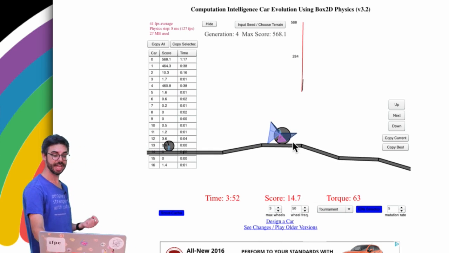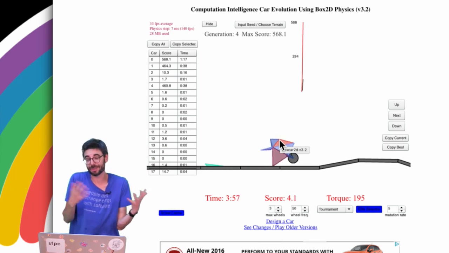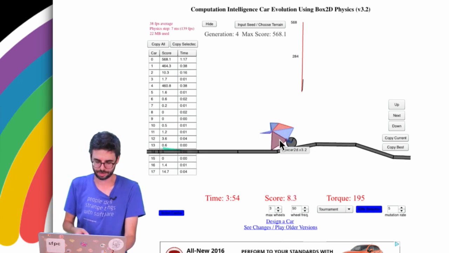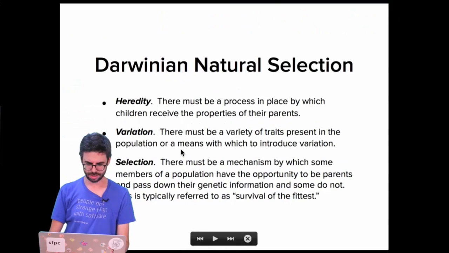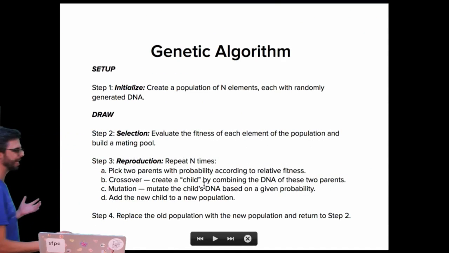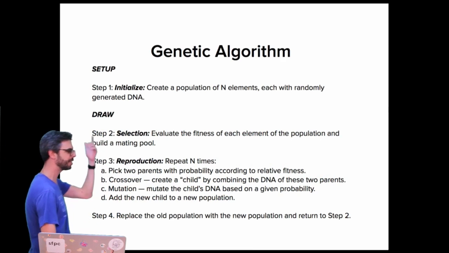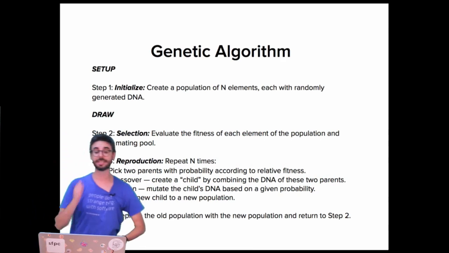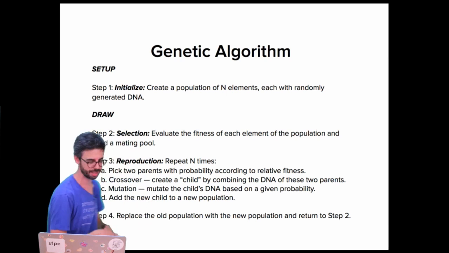So that's one thing. Then, you could see, like, as you look at any example of a genetic algorithm as it applies to evolution, you can find the pieces of the algorithm. So let me just look here and see how did we do here. This is a representation of the algorithm. You can freeze frame this if you want. It's also on the Nature of Code website. But you can see this is basically everything I described to you. Step 1 is initialize, create a random population of n elements, each with a random DNA.